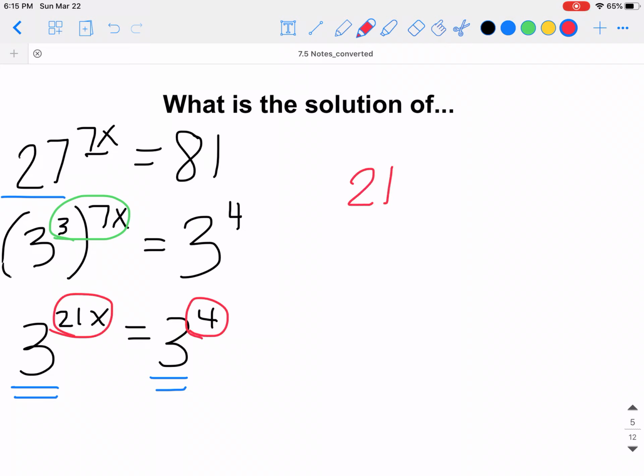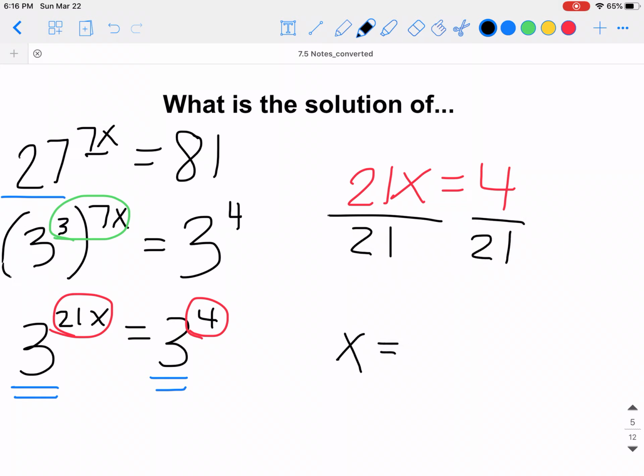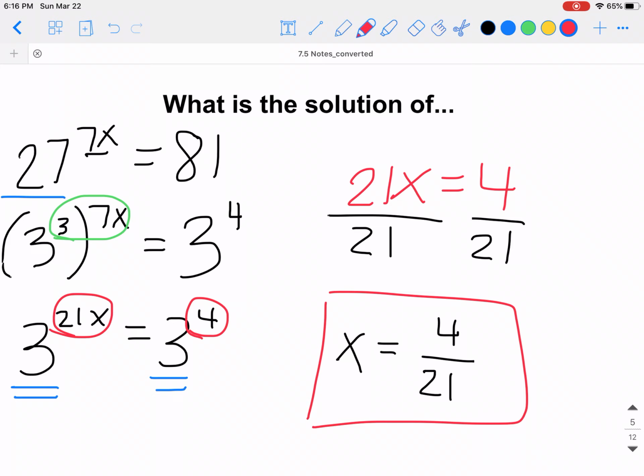So 21x has to equal 4. To solve for x, one-step equation, divide both sides by 21, and we get x equals 4 over 21. 4 over 21 cannot be simplified any further, so this is our final answer.